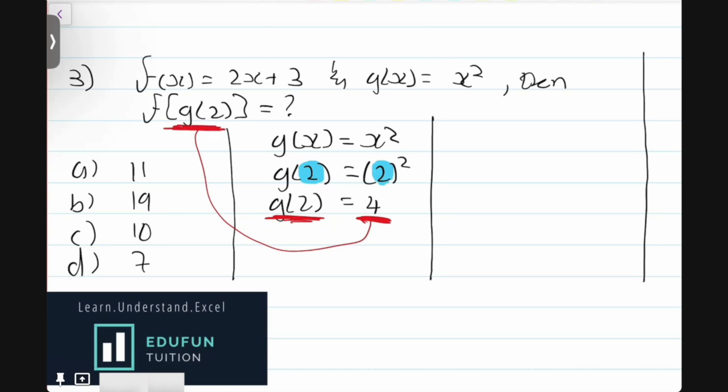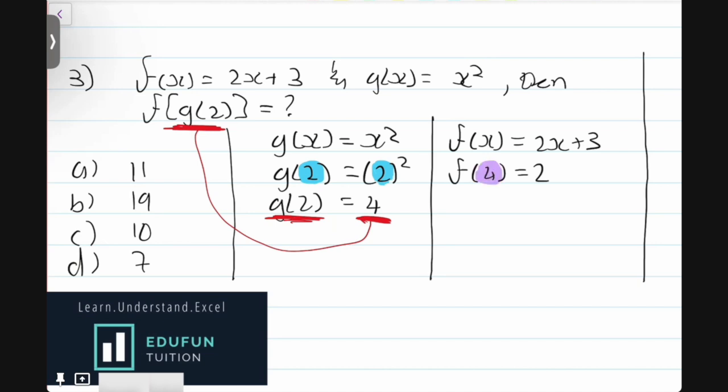So this entire piece there is now going to be regarded as f of 4. So now all we do is say f of x is equal to 2x plus 3. F of 4 is equal to what? Same rule still applies.